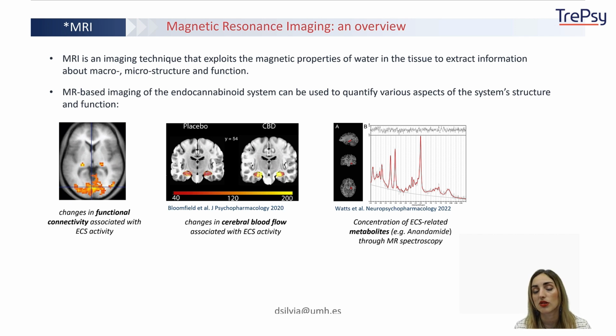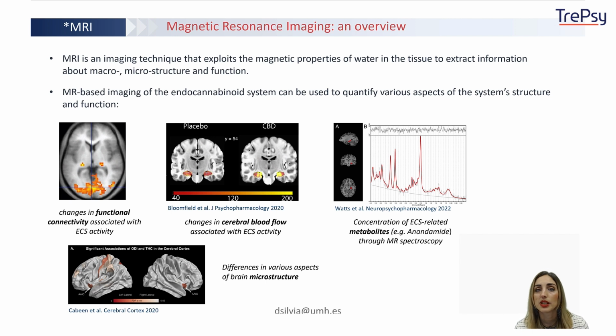Although it's not strictly an imaging technique, it's a spectroscopy technique, but it's in the MRI, the anatomical image can be used to localize an area of interest where the spectroscopy analysis is performed, which allows extracting the relative concentration of metabolites which are implied in the endocannabinoid system in specific parts of the brain.